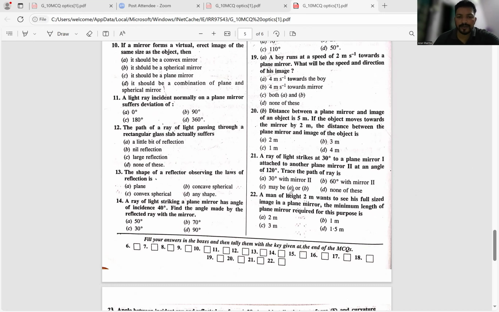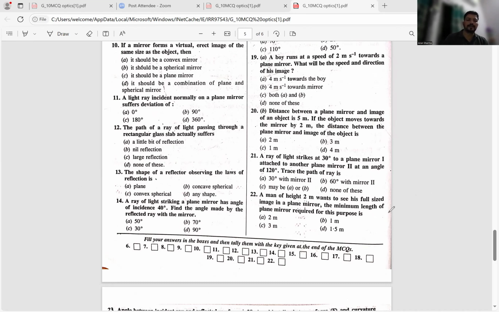After that, the question is: a man of height 2 meter wants to see the full size of his image in a plane mirror. The minimum length of the plane mirror required for the purpose is?